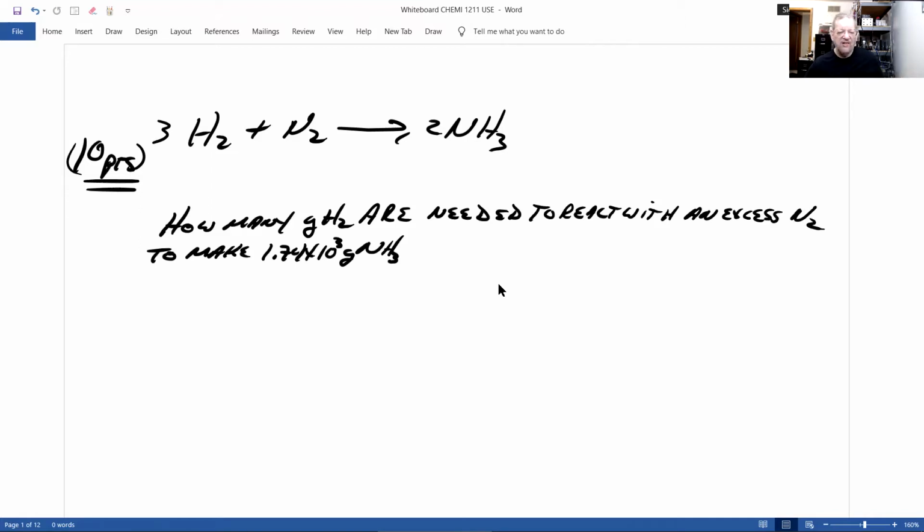All right, let's take a look at this problem. 10 points. How many grams of hydrogen, H2 hydrogen gas, are needed to react with an excess of nitrogen gas, N2, to make 1.74 times 10 to the third grams of ammonia, NH3?